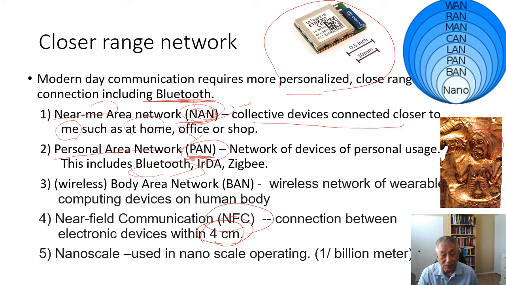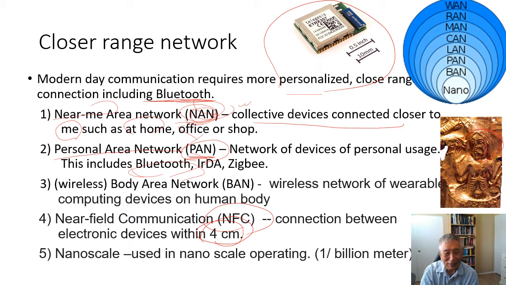So very near, very close. You've heard about nanotechnology. Nanotechnology is a very small scale of communication, such as in your bloodstream and some molecular operators, and some very special kinds of equipment, including quantum computers. They need communication and some kind of networking. So that's the nanoscale. Those things are not in the book.